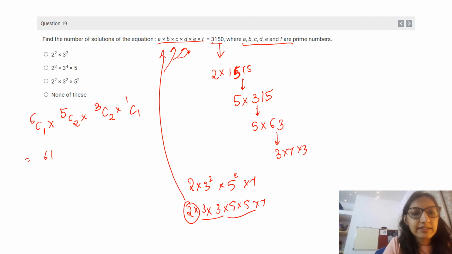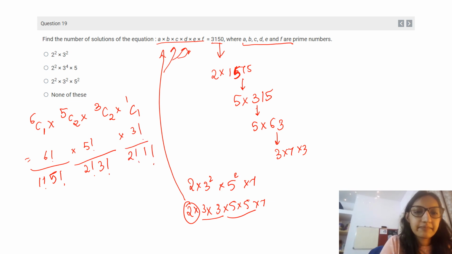So this will be 6 factorial divided by 1 factorial, 5 factorial into 5 factorial, 2 factorial, 3 factorial into 3 factorial, 2 factorial, 1 factorial. So just cancel this down.